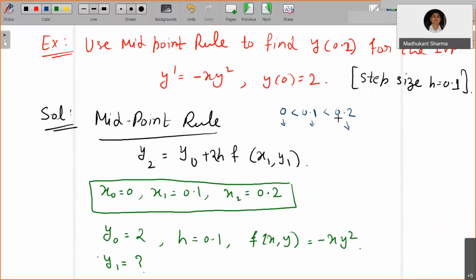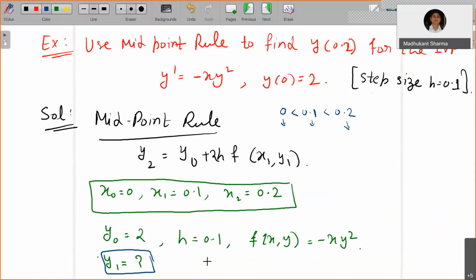So y2 equals y0 plus 2h times f of x1, y1, with i equals 1. We have the x0, x1, x2 values, the y0 value, the h value, and the f definition, but we don't have y1.